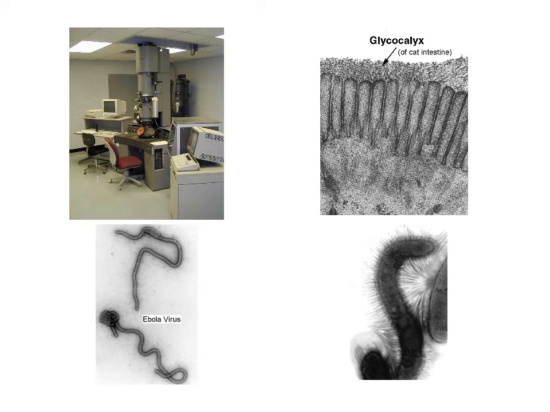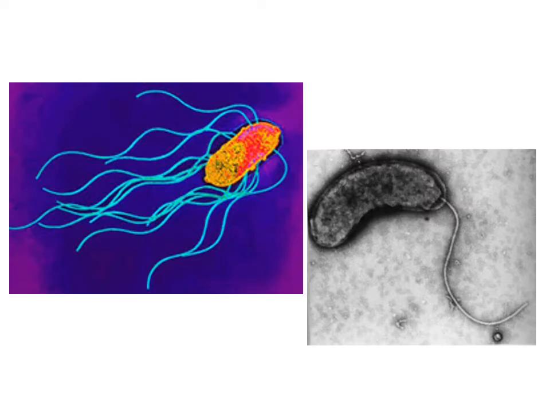But in actuality, all electron microscopy images are black and white. So you can see this really colorful image right here that they have photoshopped, but in reality, it's black and white.